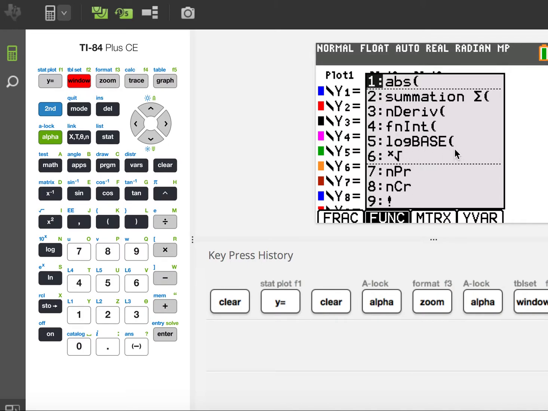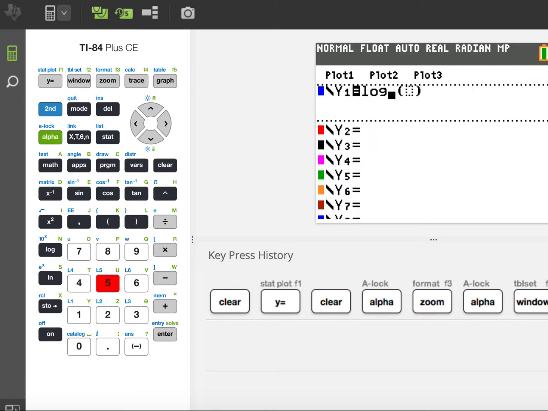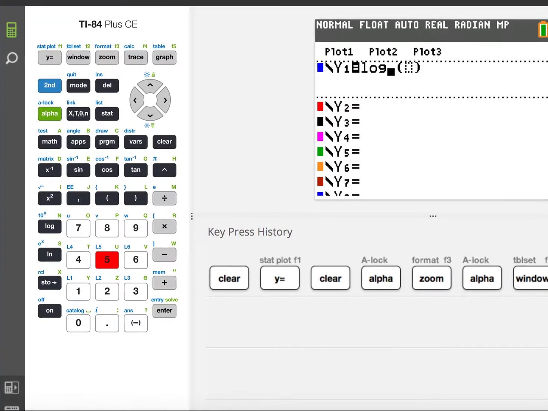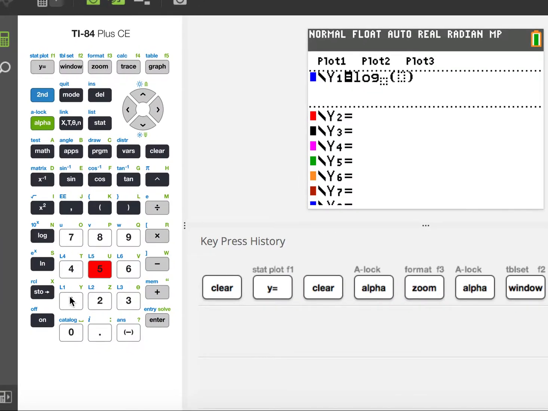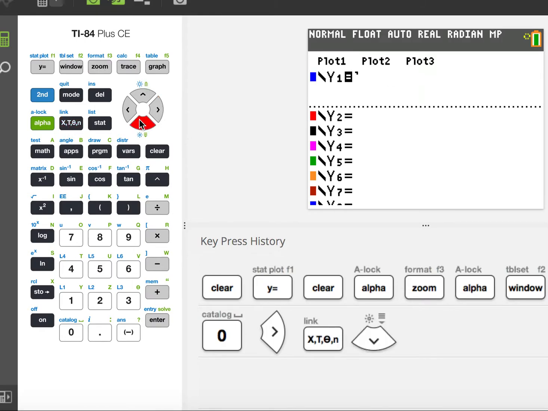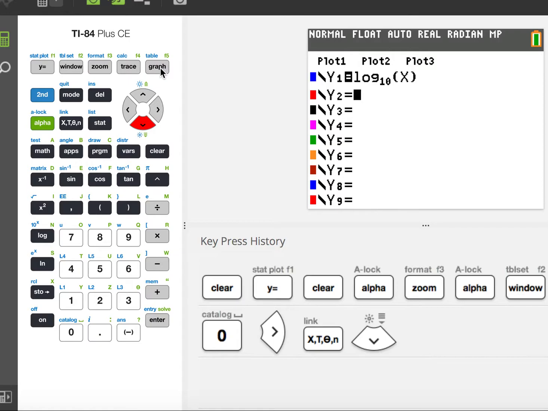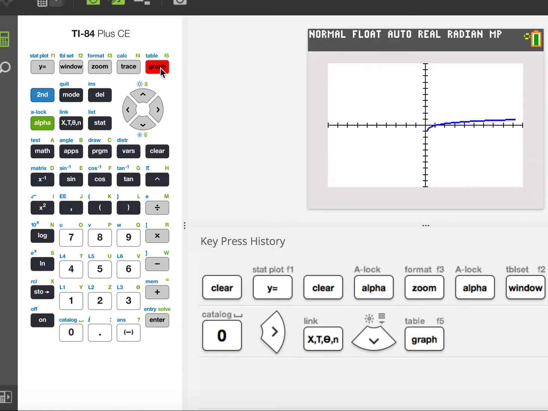And you'll notice number 5 is log base. So if you go to number 5, it pulls it up for you. So you just press 5, and I want log 10 of x. So I put the 10 down here, and then I put x. Easy enough. I'll go over that again in a second, but then when we press graph, we can see it there. And it looks fairly similar to what we looked at before.